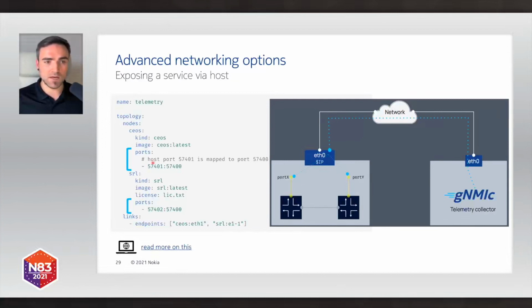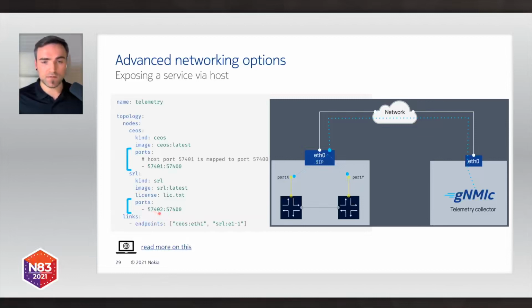So I basically say my CEOS node will expose port 57400 as port 57401 on the host, and the SR Linux will expose port 57400 as the 57402 port.